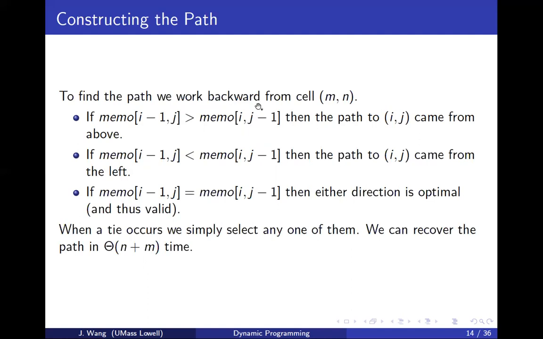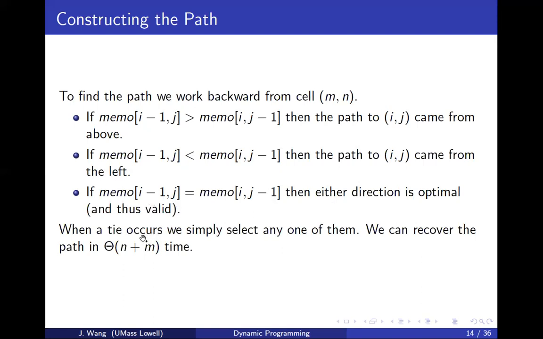Because you have 2 ways to check. This from above, this from the left. If this is greater than that, I want to go there. So I want to remember I need to go from above. If this is less than this, that means it comes from the left. So I want to remember that. If they are both equal, then we just pick either direction. It doesn't matter which one because they are equal.